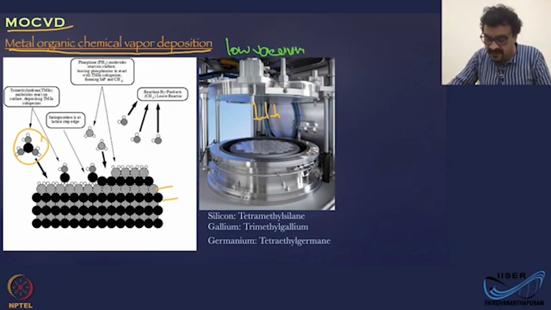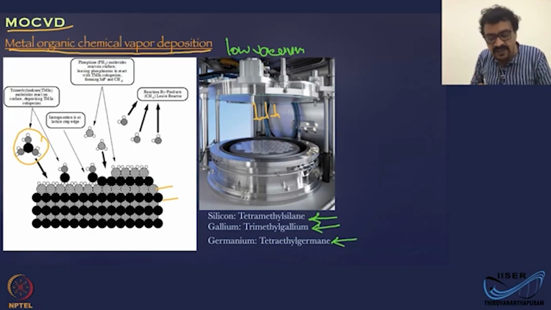And there are these organic compounds corresponding to whatever elements you want to deposit. There are always some kind of organic compounds available. For example, silicon is grown by using something called tetramethyl silane. It's a liquid, and you will heat it and you will get the vapor.